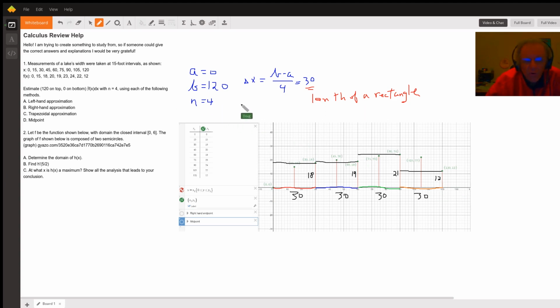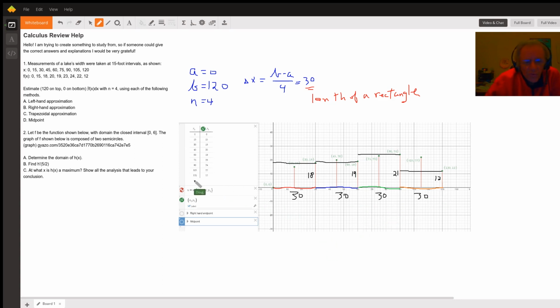If n equals 4, that means the length of each delta x, or of each rectangle, will be 120 divided by 4, or 30. So that's what these 30s are down here, the length of each rectangle or subinterval.